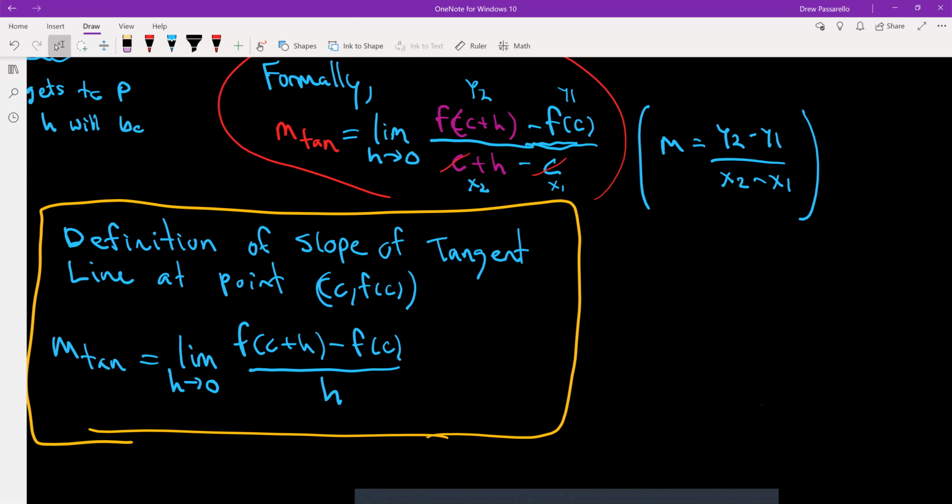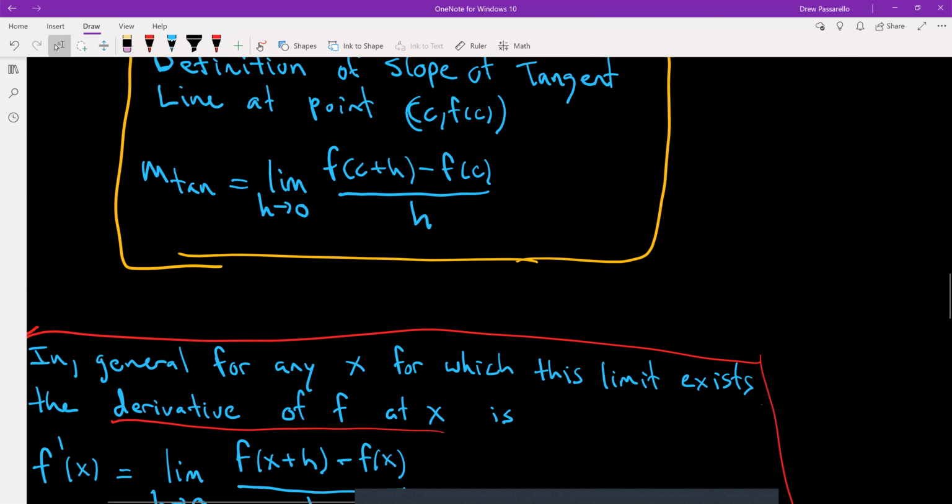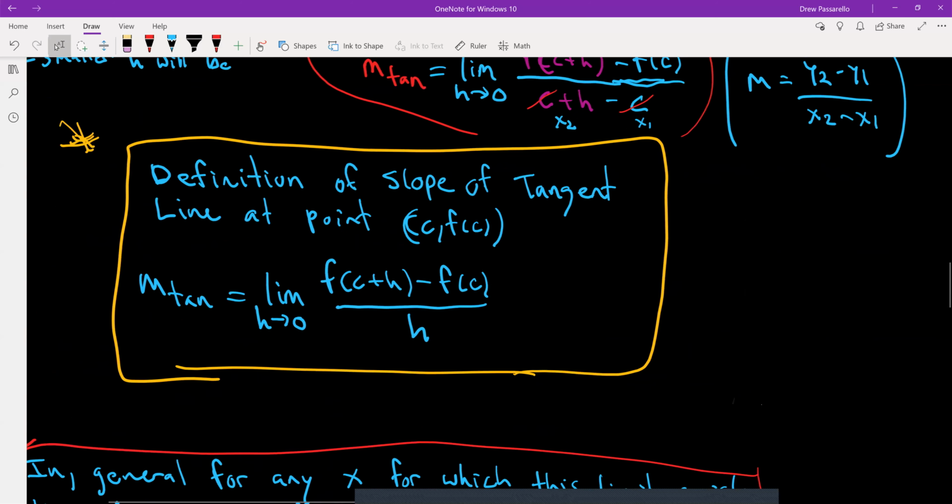Okay, so that is the tangent line problem. And this pretty much gives you the derivative. In this case, the slope of the tangent line was dealing with a fixed point, c comma f of c. The difference is for the derivative, it just is a variable change.